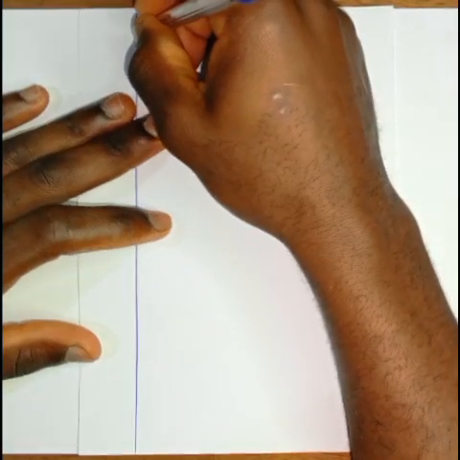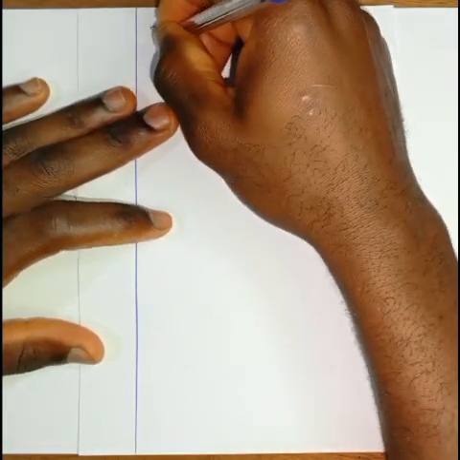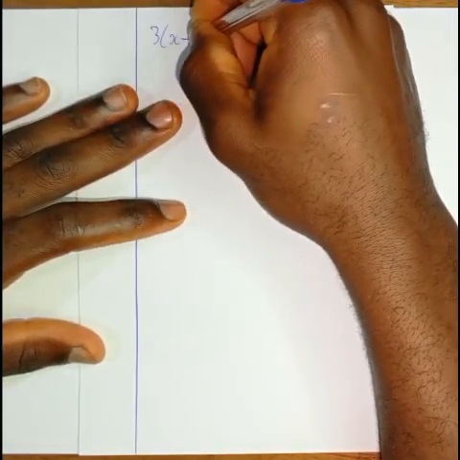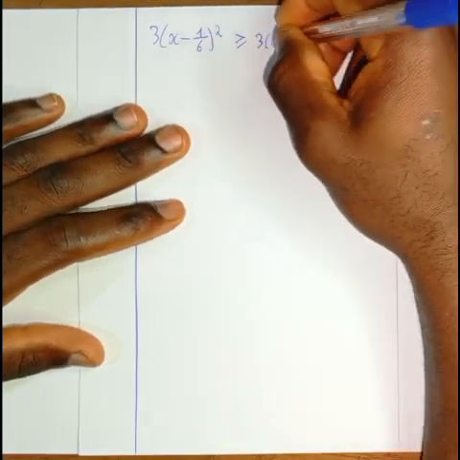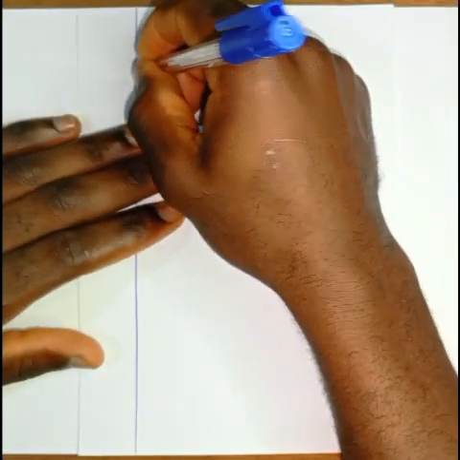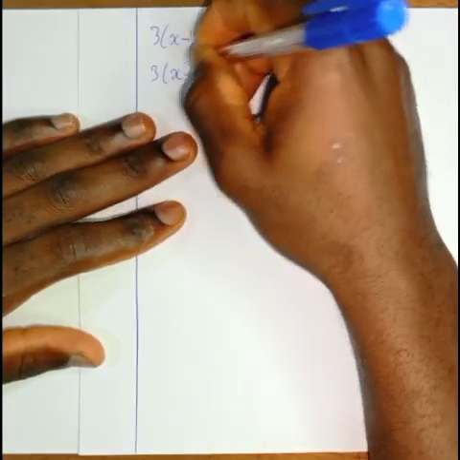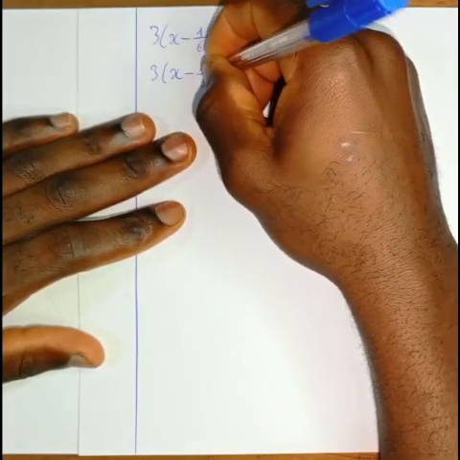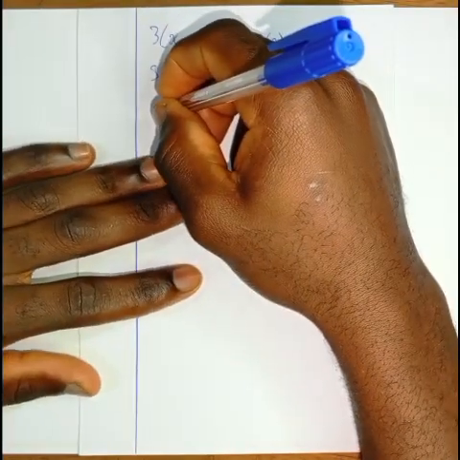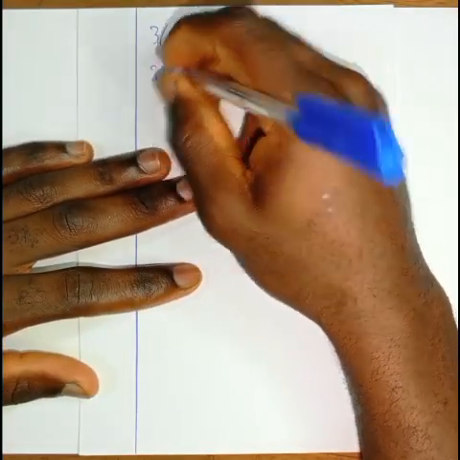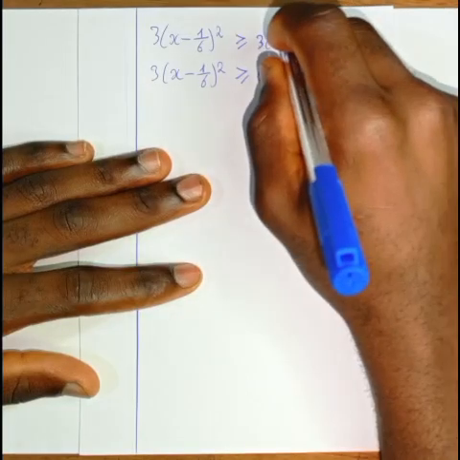Now if you multiply both sides by 3, 3 times x minus 1/6, all this squared, is greater than or equal to 3 times 0. This will give us 3 times x minus 1/6, all this squared, is greater than or equal to 0. Next thing, we are going to add negative 25/12 at the left hand side and at the right hand side.